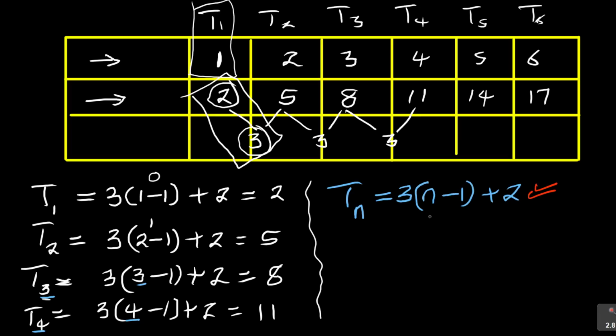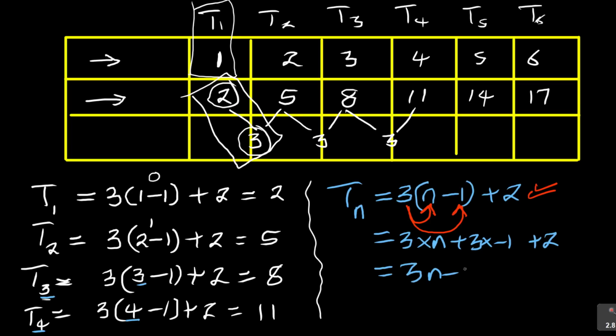But you can continue to say 3 can go here. You open that bracket. 3 can go there. And when you do that, it will be equal to 3 times n, and then plus 3 times minus 1 plus 2, which will be 3n minus 3 plus 2.